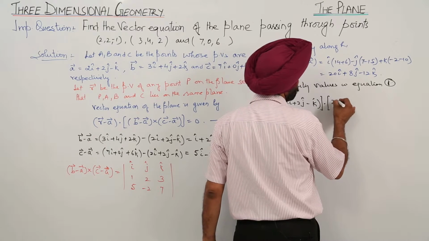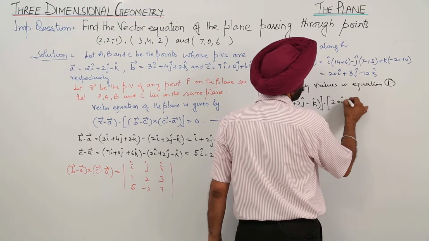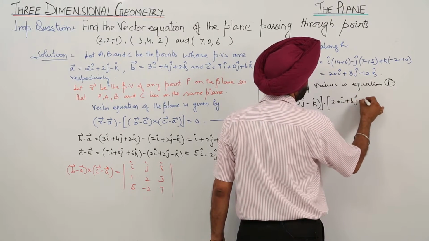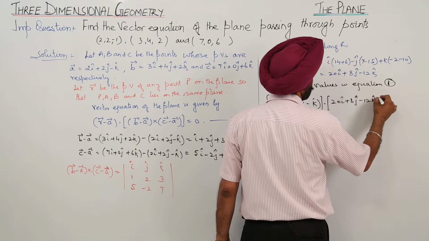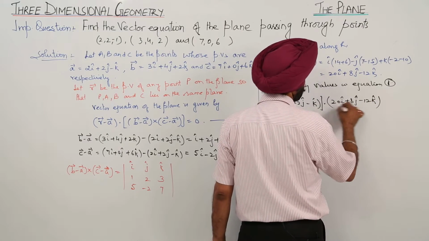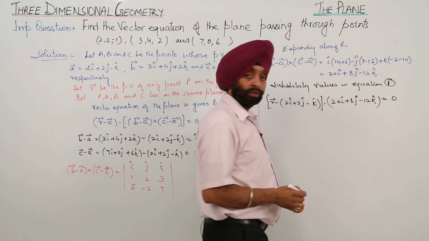So this is 20 i cap plus 8 j cap minus 12 k cap is equal to 0.